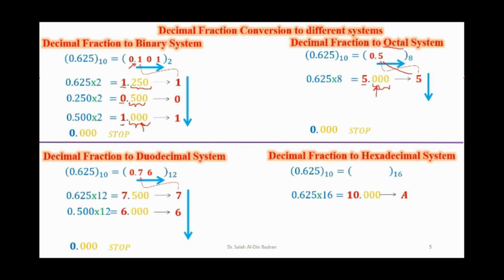You have to convert this number 10 into its corresponding hexadecimal number to add it to the final result. So we have A here, or 0.A actually, because it's a fractional hexadecimal number. We stop at this point because the fraction part is 0.